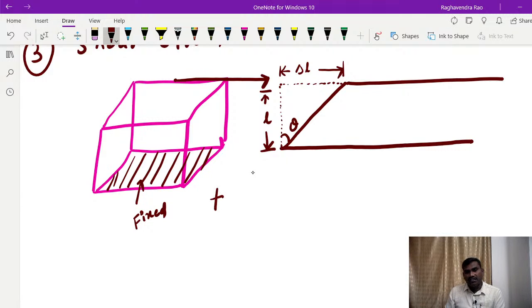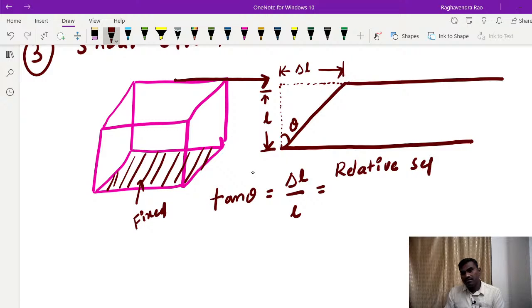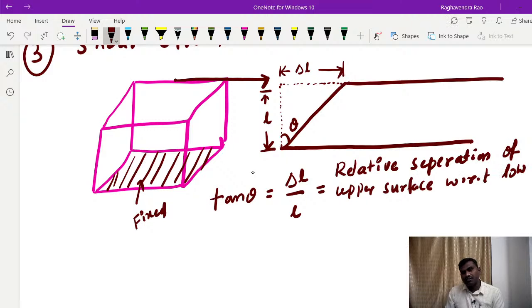Now tan theta is equal to delta L by L. What is delta L? Delta L is nothing but the relative separation of the upper surface with respect to the lower surface.